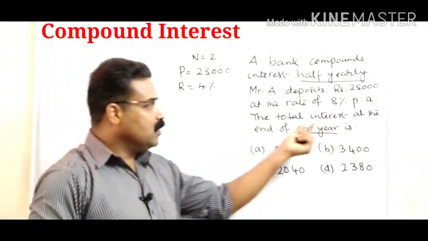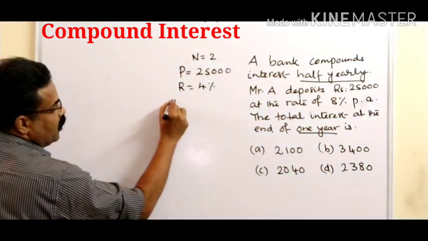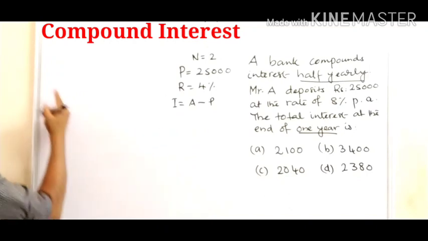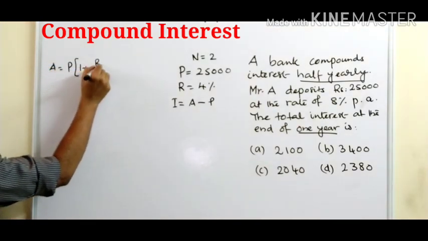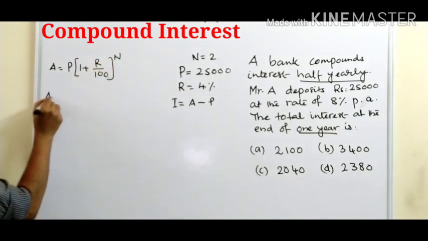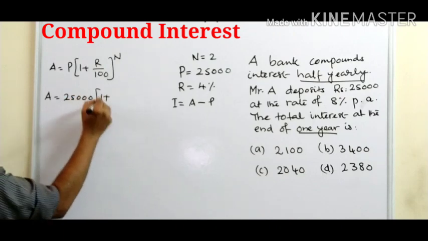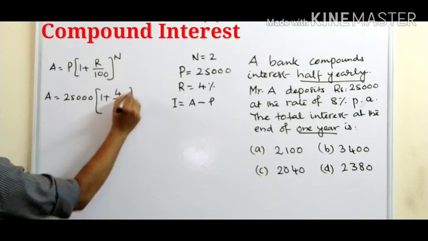And we need to find out the interest at 1 year. So interest will be equal to A minus P. First we have to calculate what is A. So A is equal to P into 1 plus R by 100 power n. That is the formula. So A is equal to 25,000 into 1 plus 4 by 100, power 2.